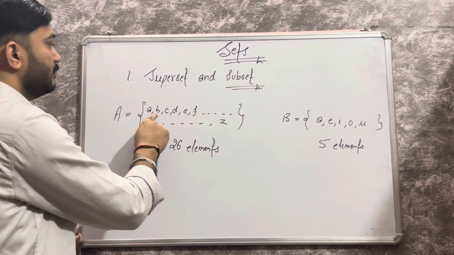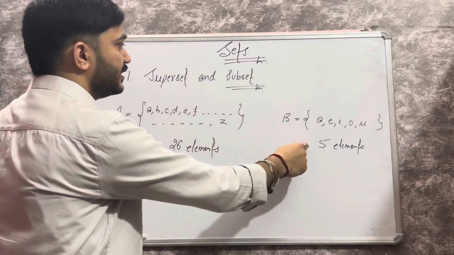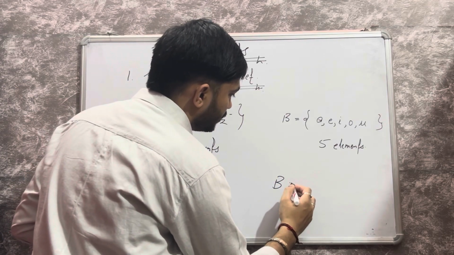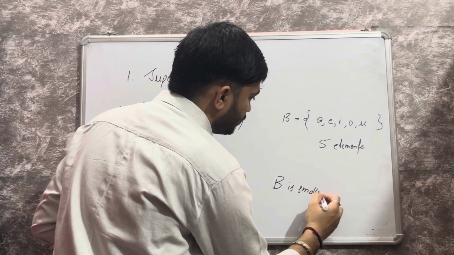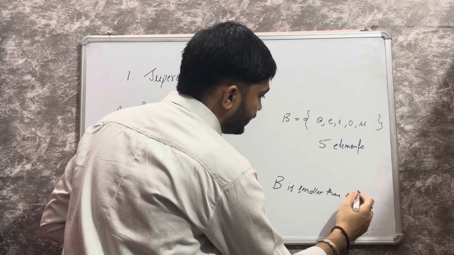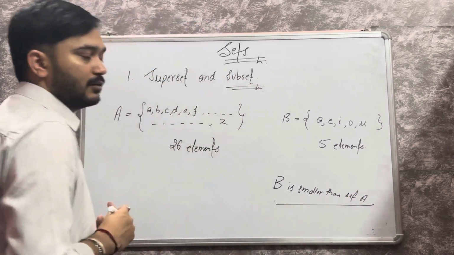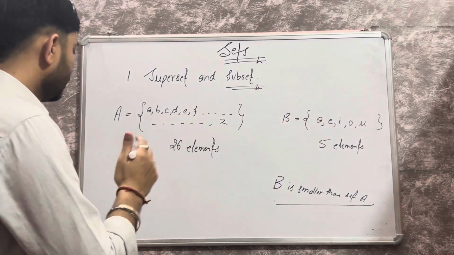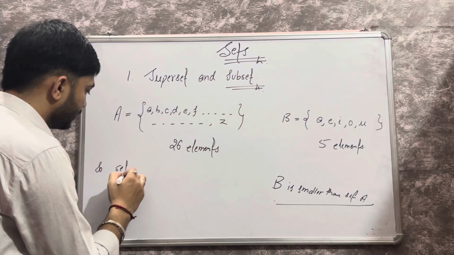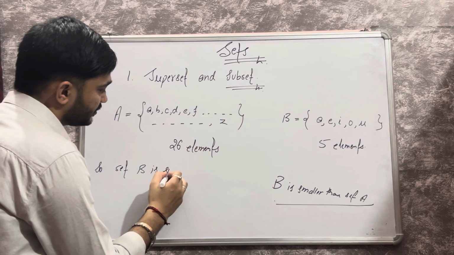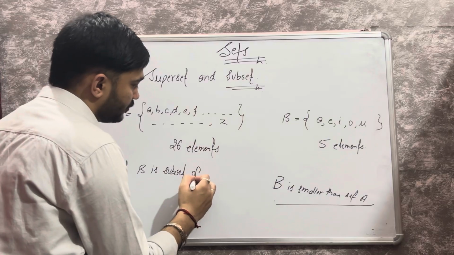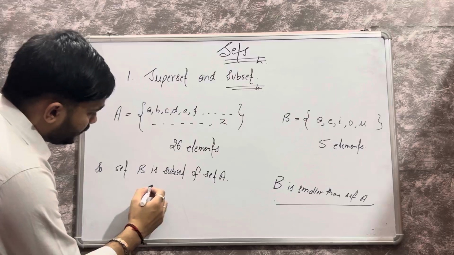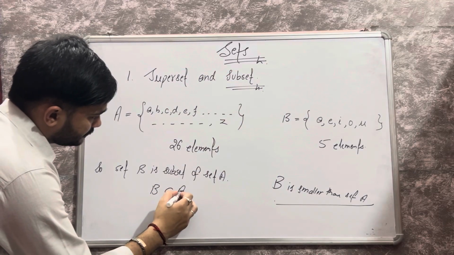But there are some elements that are not present in set B. So set B is smaller than set A, and all the elements of set B are present in set A. So set B is a subset of set A. Any doubts?